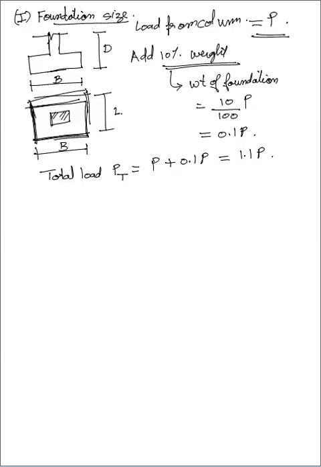Now remember one thing, here the load from the column, the actual load, I am not taking any partial factor of safety, which in the limit state method I am supposed to take. But here, in designing the footing, there is no need to take any factored load, or we are not multiplying it with a factor of safety right now. So capital P is the load from the column, and I am just adding 10%, the weight of the foundation, because that also will ultimately be transferred at the bottom of this foundation.